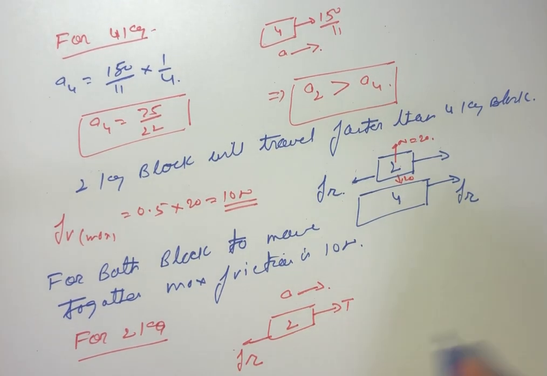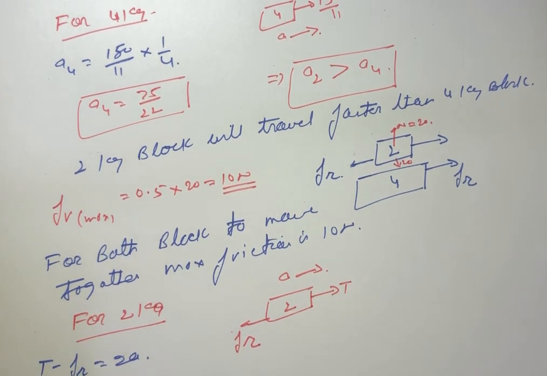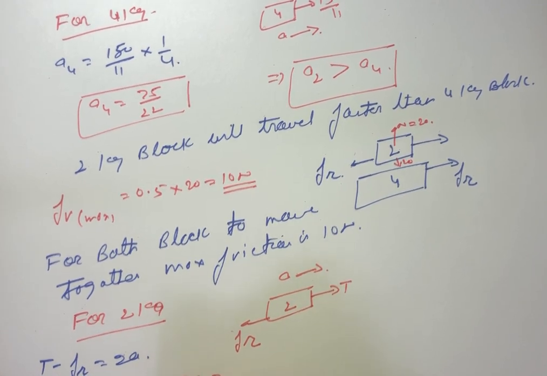So we can write the equation as T minus Fr is equal to 2A. So from here we get Fr is equal to T minus 2A.